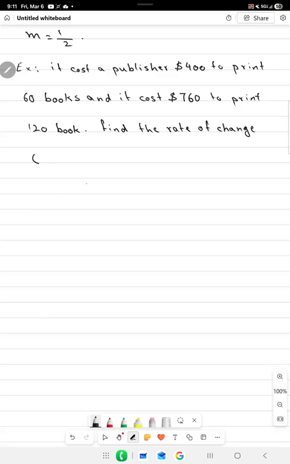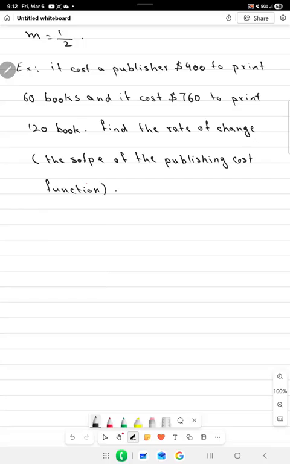They are just asking you to find the rate of change, but rate of change here for us means the slope of the publishing cost function.